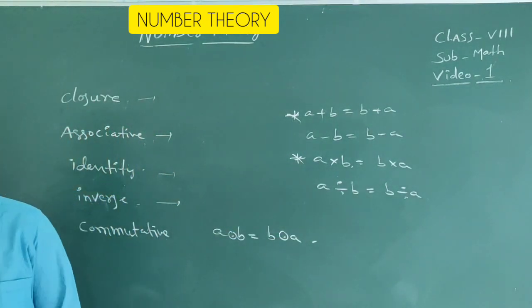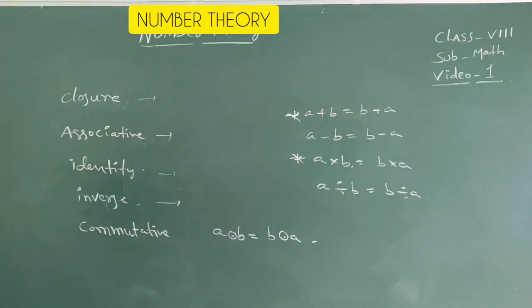For any two rational numbers, the product is the same if you take in any order. That's why with respect to addition and multiplication, it is true. But in case of subtraction and division, it does not exist. These are the properties.